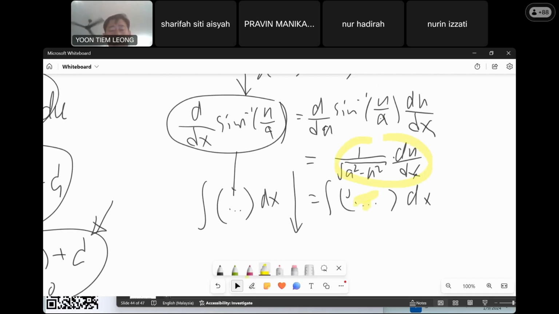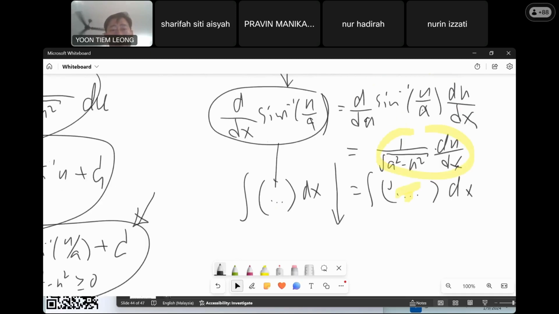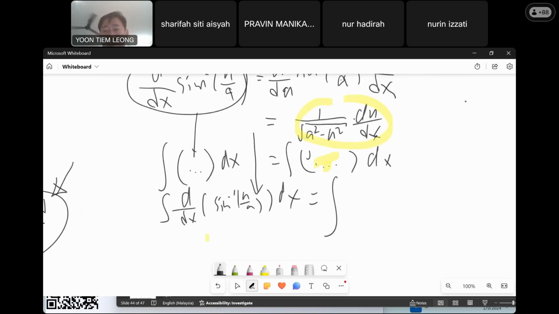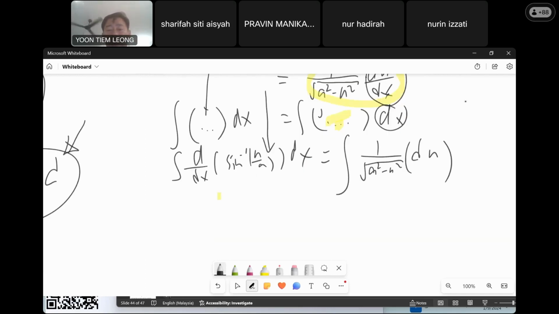So I then arrive at d dx of arc sine of u over a integrated with respect to x on the left, and the right-hand side is 1 over square root of a squared minus u squared. Here is the product of du dx and dx, and this is du. So finally, I obtain this one.